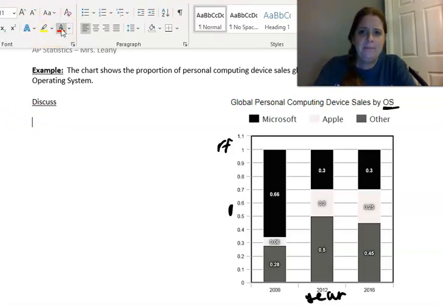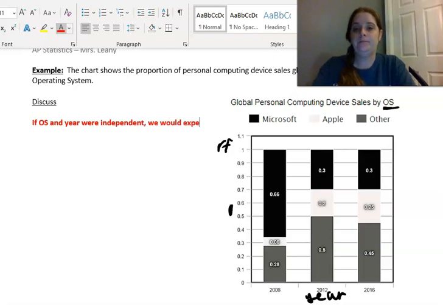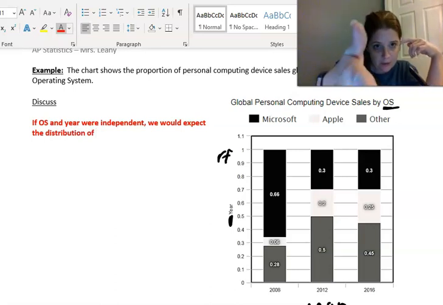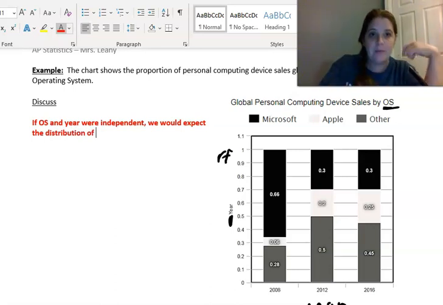So let's see. If operating system and year were independent, we would expect the distribution of, and what's being distributed? Where's my 100%? That's going to be operating system there.